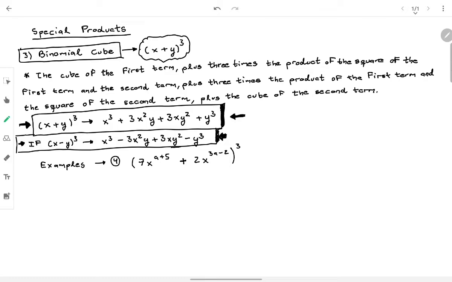So the next exercise is going to be something like this, when we have letters as exponents. So in this case, it's the same.